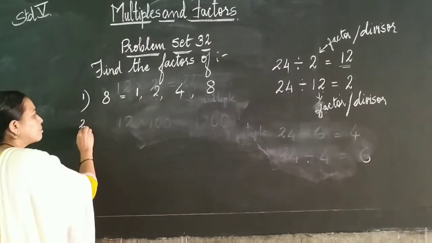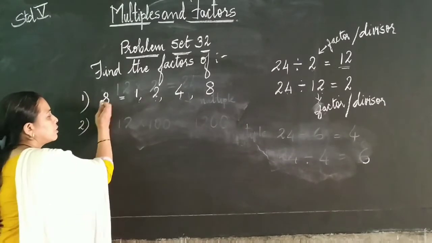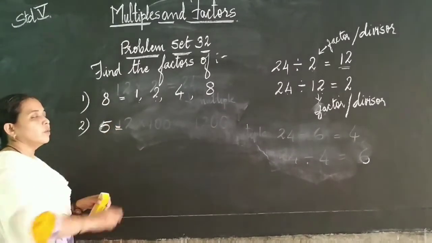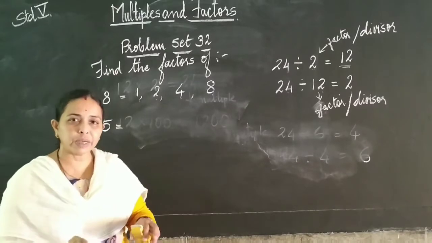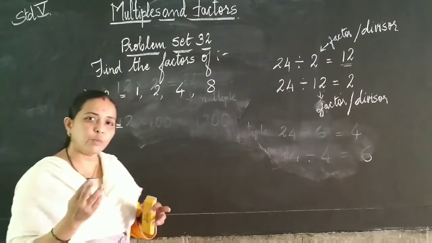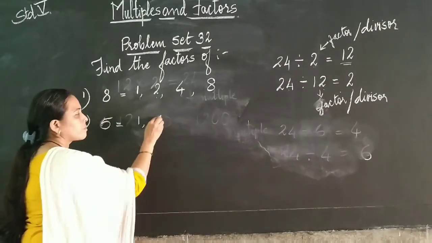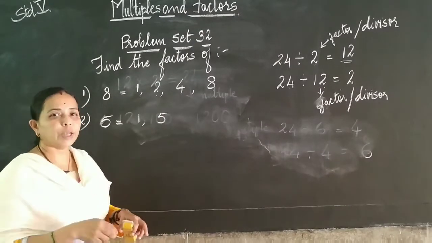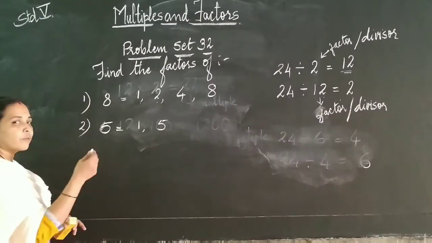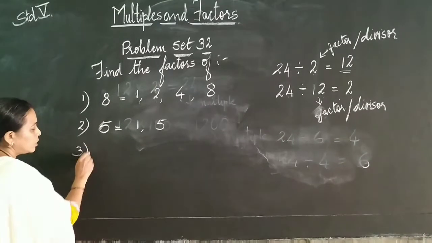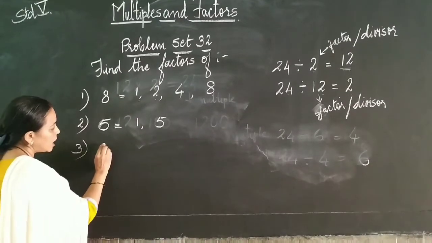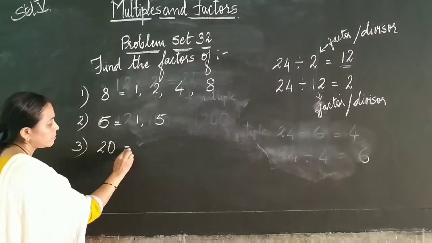You can take one more number that is given in your textbook, 5. Which number can divide 5 completely? Okay, only 1 and 5. We can take one more of our own. You can take the number 20.